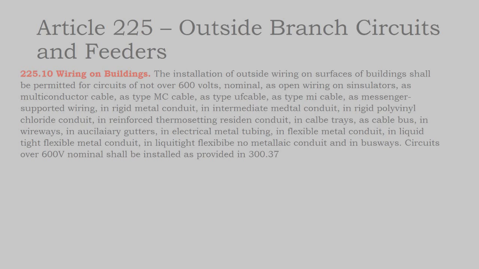Article 225, outside branch circuits and feeders, wiring on buildings. The installation of outside wiring on surfaces of buildings shall be permitted for circuits under 600 volts nominal. And then it lists out different ways that you can have wiring on buildings. So you think, well, can I just go and staple a wire to the edge of the building? Code has a list of ways you can do it.